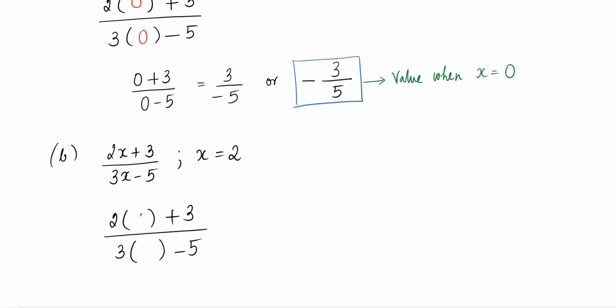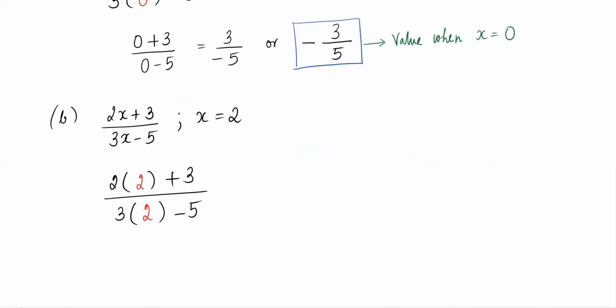And drop in the 2 wherever x occurs. Okay, PEMDAS again, so multiplication actually happens first. 2 times 2 is 4, 4 plus 3, 3 times 2 is 6, 6 minus 5. Looks like a division, let me fix that.